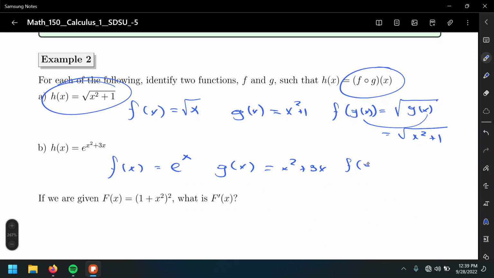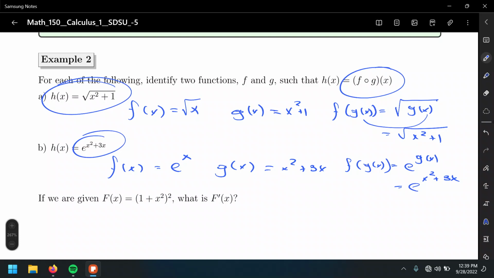That is, f evaluated at g is the function e to the g of x, but in this case g of x is x squared plus 3x, which is the given exponent. Again, what are we doing? We're breaking this apart. So we need to understand how composition functions are constructed and deconstructed, most importantly.